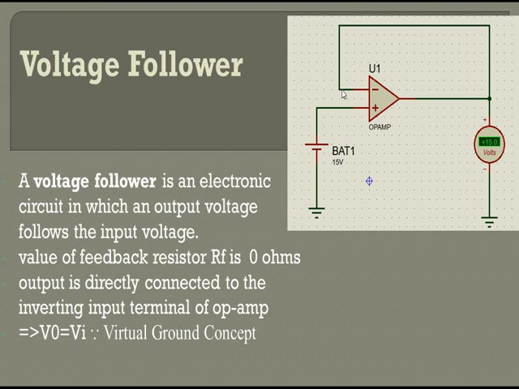Voltage at this point is V0 and voltage at this point is V1. So V1 equal to V0 by using virtual ground concept, and we can see that if we apply 15 volt, then we receive 15 at the output. So output is same as the input.